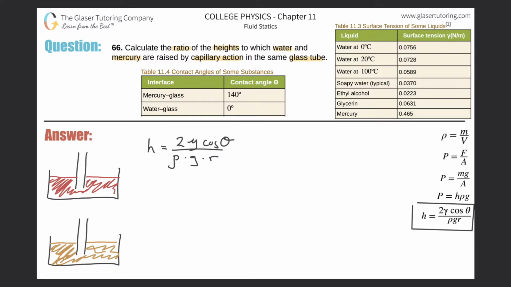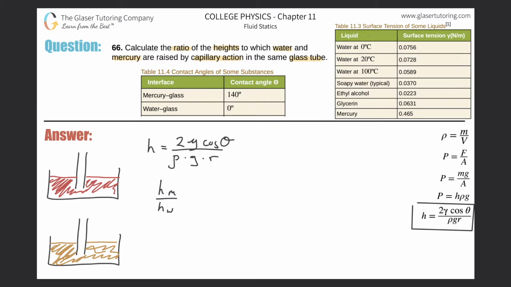So now they said calculate the ratio of heights to which water and mercury are raised by capillary action. It doesn't tell me specifically what ratio they're looking for. It doesn't say the ratio of water to that of mercury, it just says water and mercury. You could reason that it could be the height of the mercury relative to the height of the water.